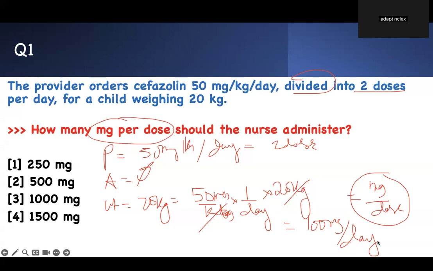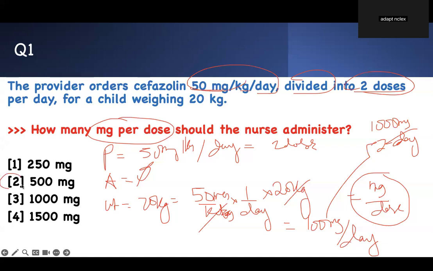Per dose. This is the key. 50 milligram per kilo per day. So for each day, the patient is going to get 1,000 milligram per day. But here it is 2 doses per day. That means to get a total of 1,000, you have to divide it by 2.